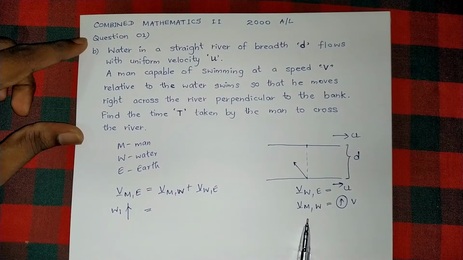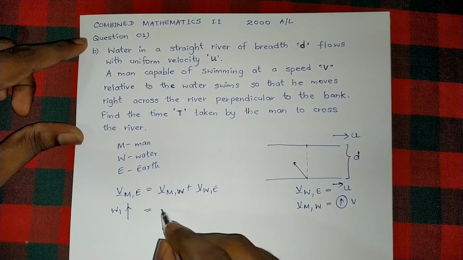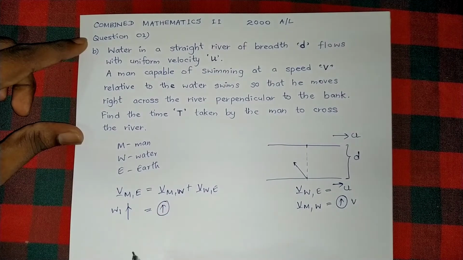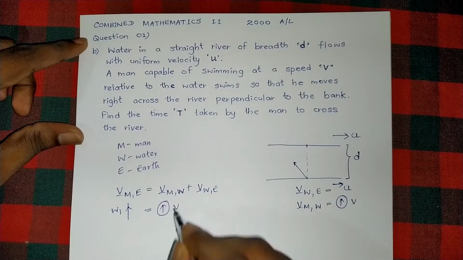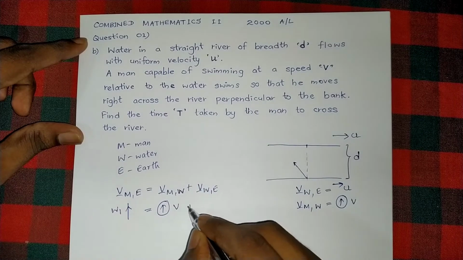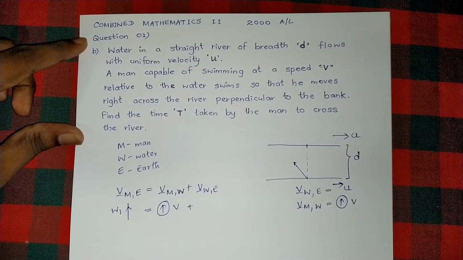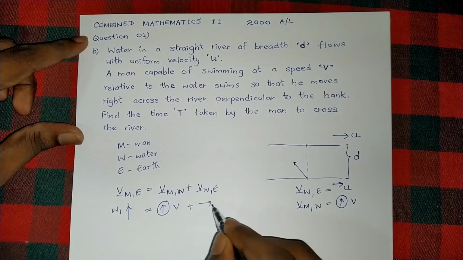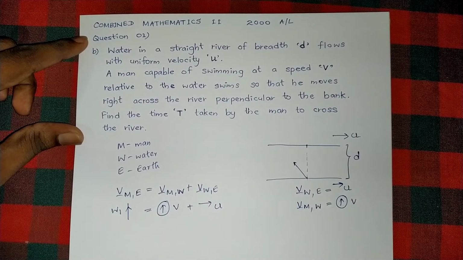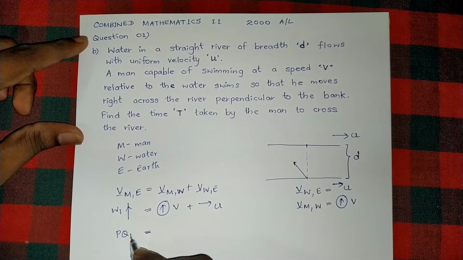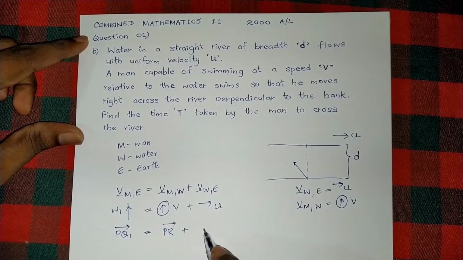Velocity of man with respect to water, direction unknown, magnitude is V. Velocity of water relative to earth is U to the right hand side. Then I can give vectors for these. I will write this as PQ1. This is PR plus this is RQ1.